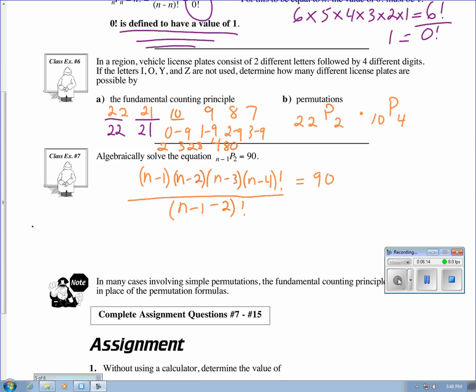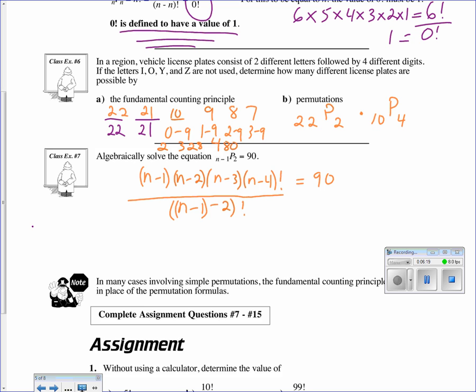It means n minus 1, which is the number of choices, and then I'm choosing 2. So n minus 1 minus 2 actually turns into n minus 3. So that's n minus 3 factorial. And n minus 3 factorial will actually take out all of those n statements.